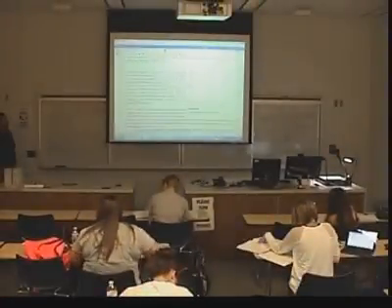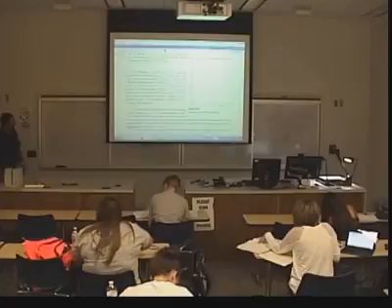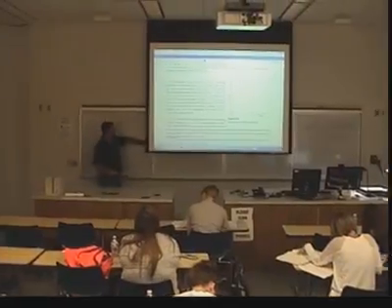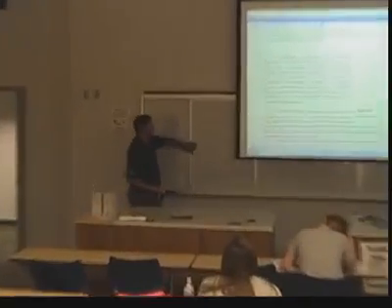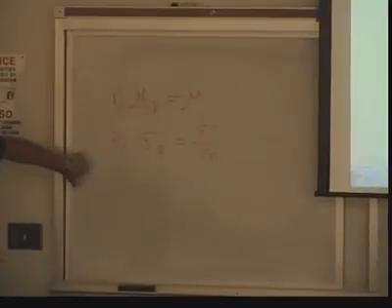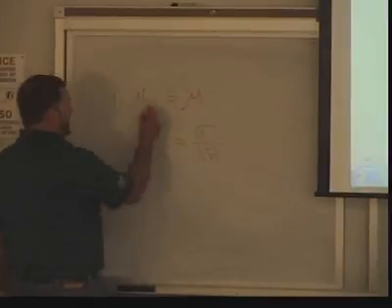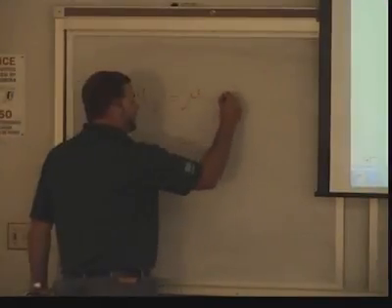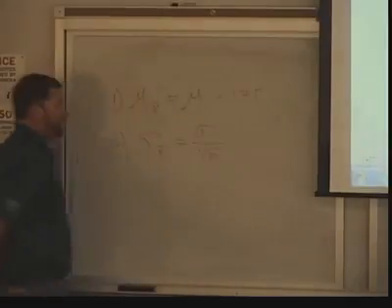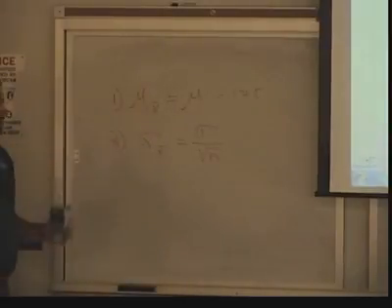So this is my population mean and my population standard deviation. So according to my properties of a sampling distribution, my sample mean is going to be equal to my population mean, which is 175. My sample standard deviation is going to be equal to my population standard deviation divided by the square root of n.